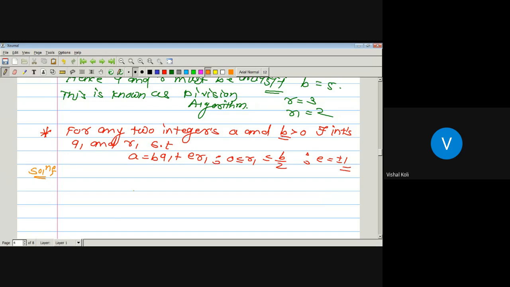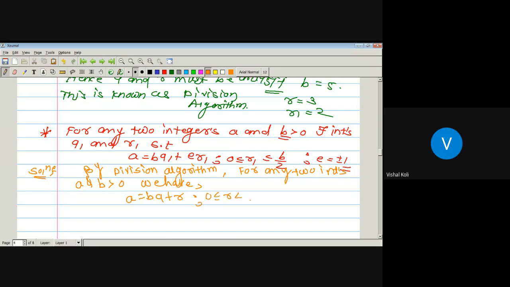and e is equal to plus or minus 1. So by the division algorithm, for any two integers a and b in which b is greater than 0, we have a is equal to b into q plus r, where 0 is less than or equal to r, which is less than b.